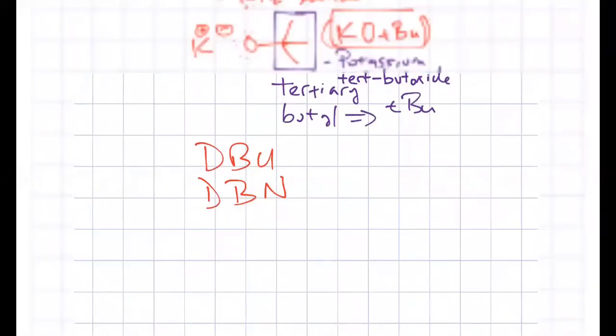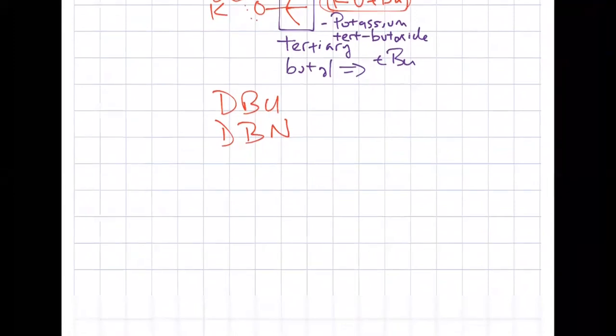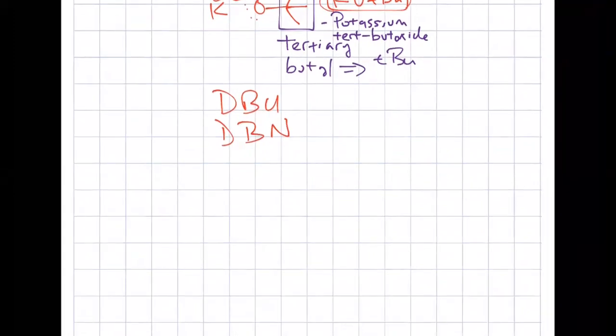Let me put the hydroxide ion on here too. You'll see hydroxide used as both a nucleophile and a base, but KOH and sodium hydroxide are both really good bases.